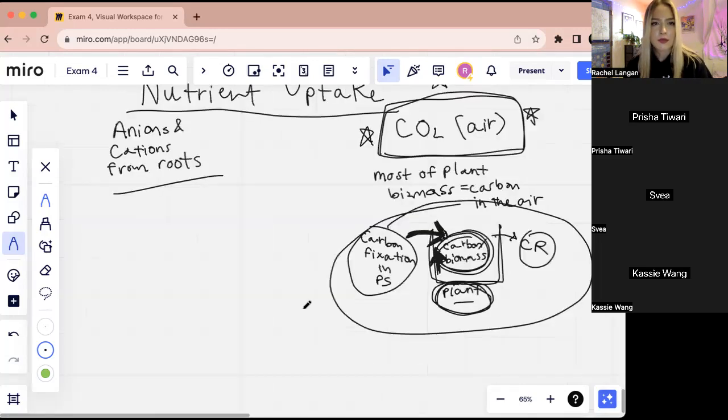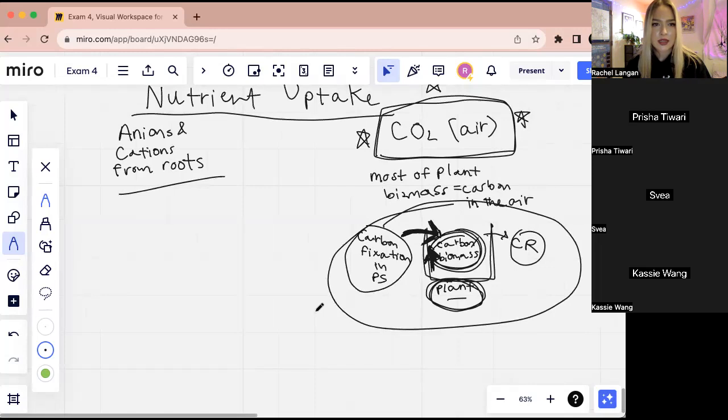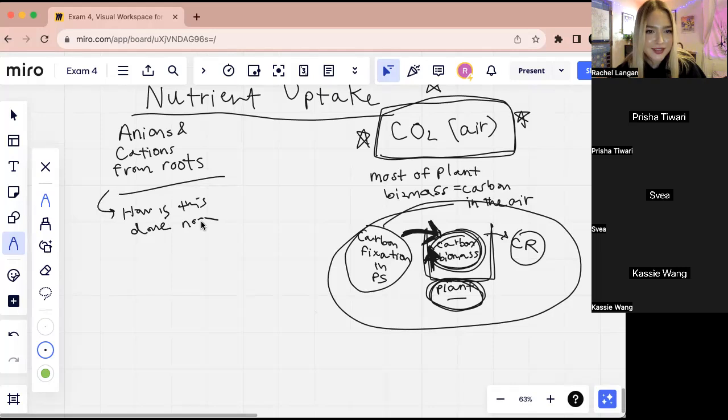Okay. And then what do you need to know about nutrient uptake of anions and cations from the roots? You should know how this is done normally versus in infertile soil.